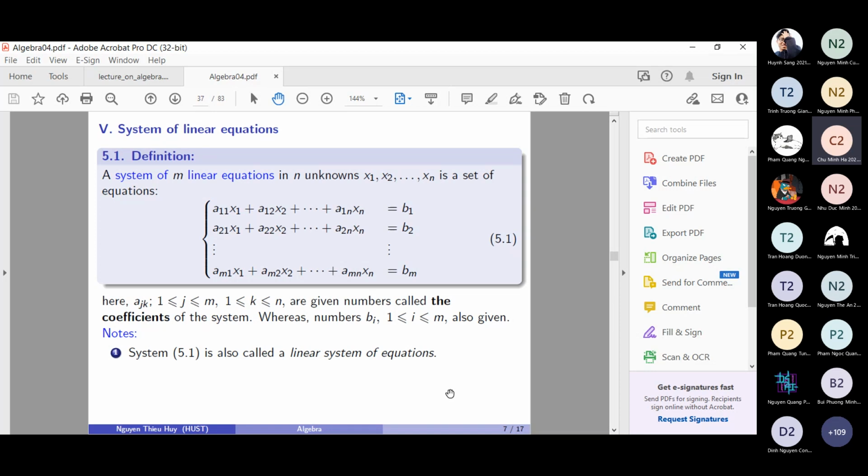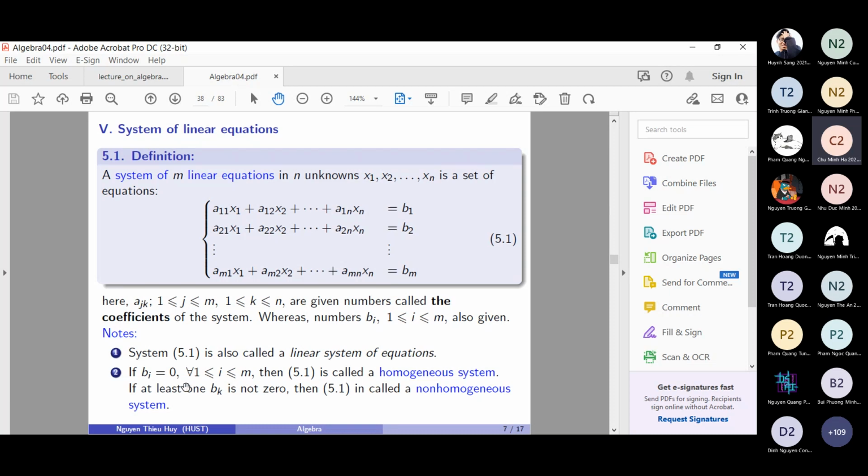And next we have some more names depending on the right hand side, b1, b2 to bn. If the right hand side are all 0, so if bi equals 0 for all i running from 1 to n, this means all of them are 0, then this system 5.1 is called a homogeneous system.